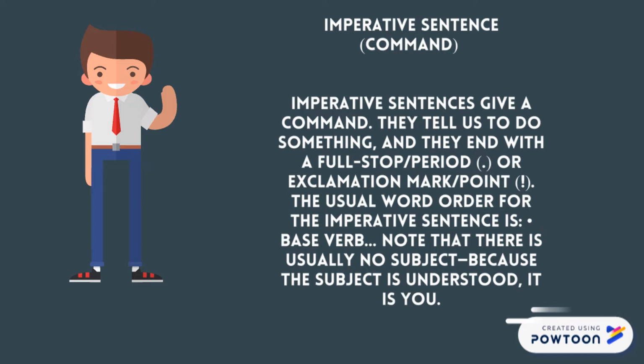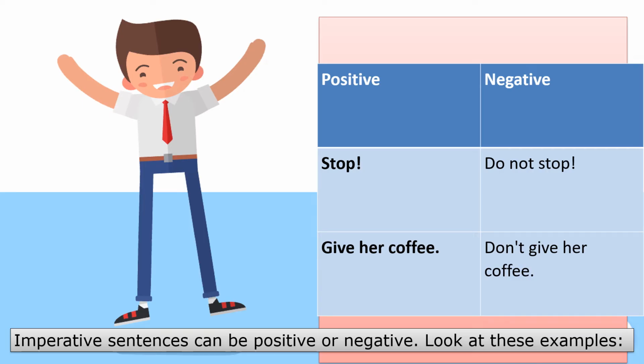The usual word order for the imperative sentence is the base verb. Note that there is usually no subject because the subject is understood. And what is it? It's you. For example, if I say stop, I am telling someone to stop. It's an order.